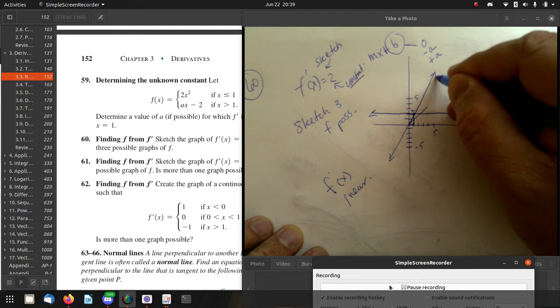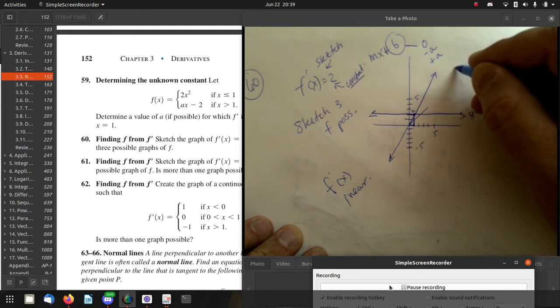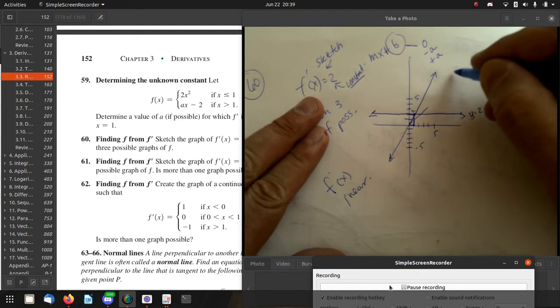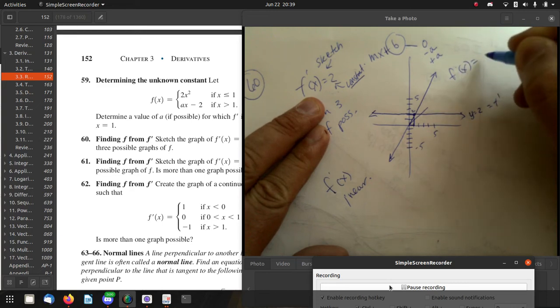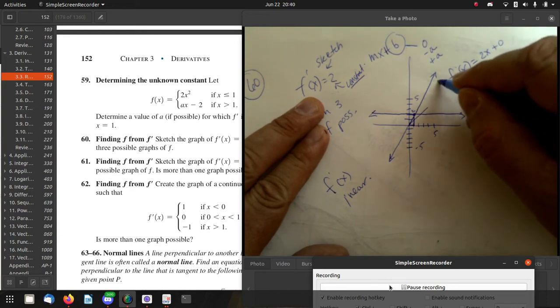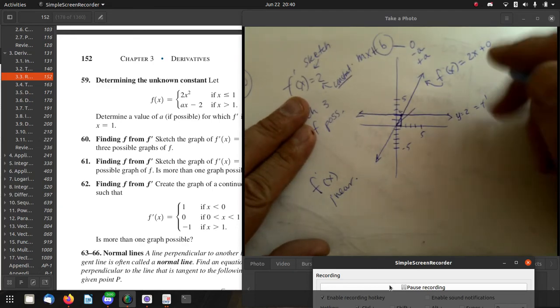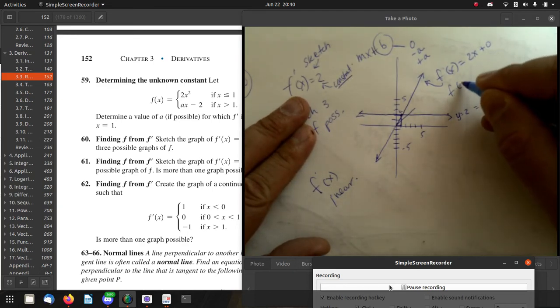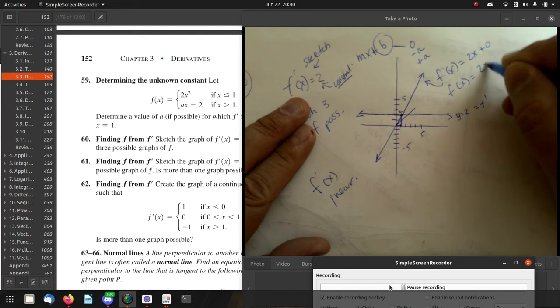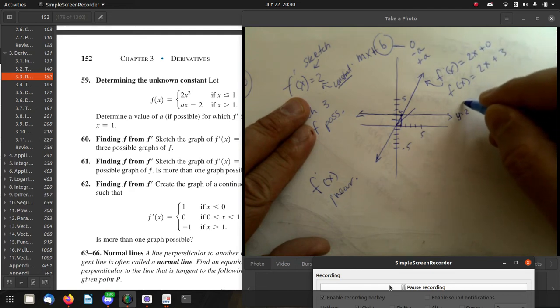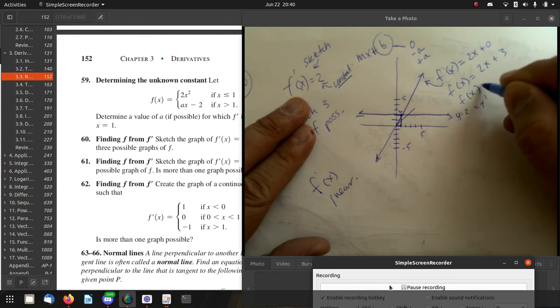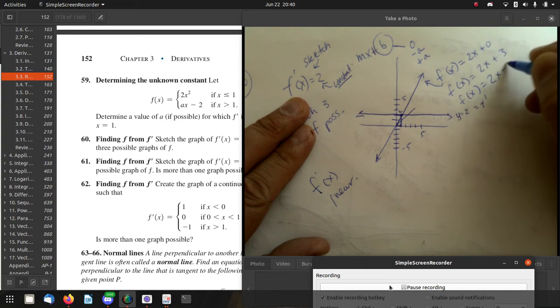Okay, so if the original function, the primitive, this is the derivative, if f of x was 2x plus 0, then that's a possibility. But what about f of x equals 2x plus 3 and f of x equals 2x minus 3?